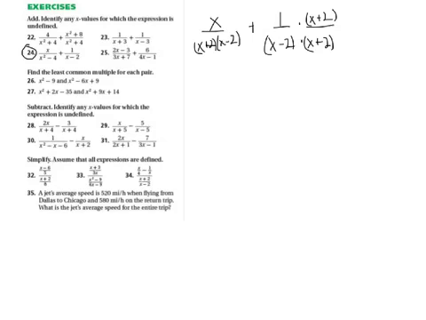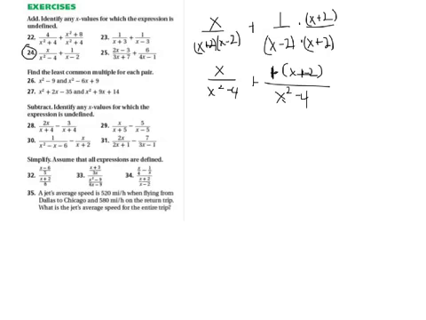So then this whole problem becomes x over x squared minus 4 plus 1 times x plus 2 over x squared minus 4.